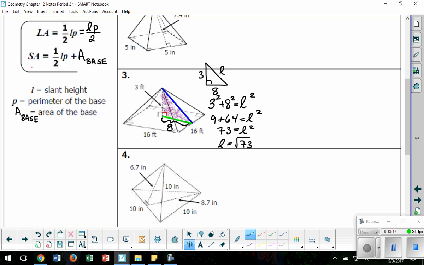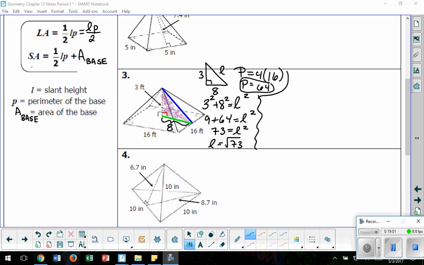Okay, so what's the perimeter? So lateral area is going to be the square root of 73 times the 64. Actually, I'll write it the other way around: 64 square root 73.